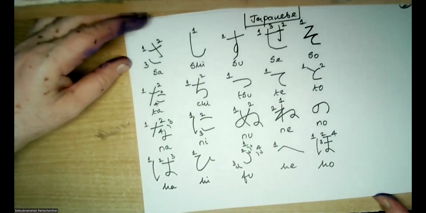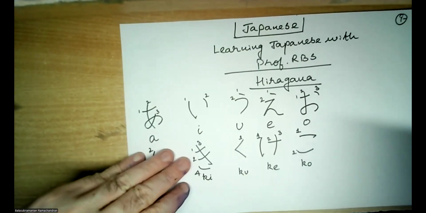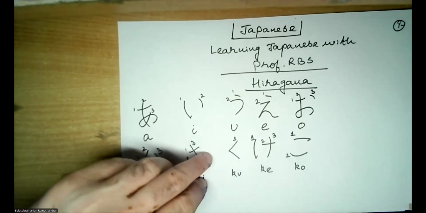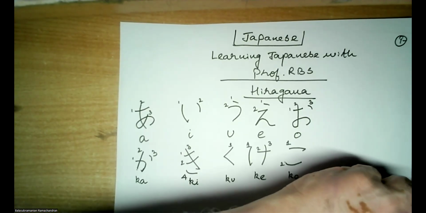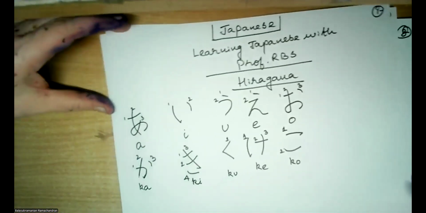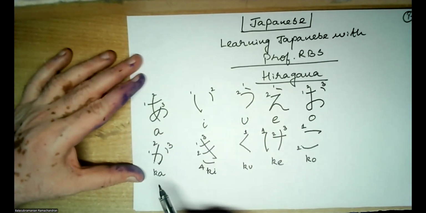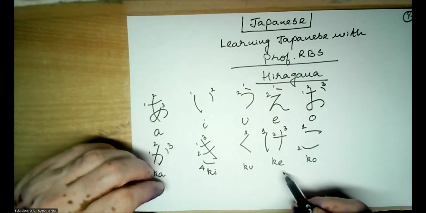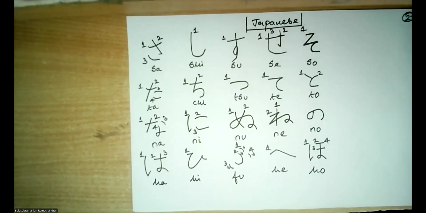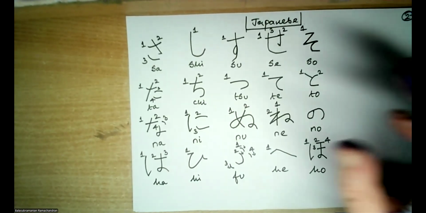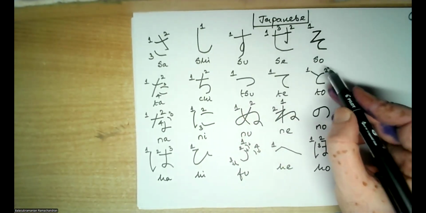There are other letters in Hiragana, but we'll be looking at that in the next video. So let's recap these basic letters. We started with the five vowel sounds: a, i, u, e, o, and then we went on to the ka series: ka, ki, ku, ke, ko, and then the sa series: sa, shi, su, se, so.